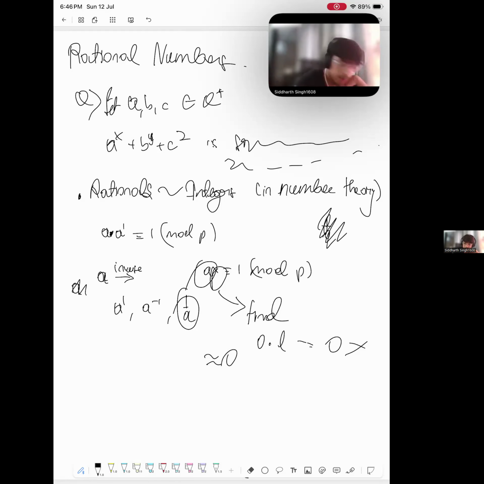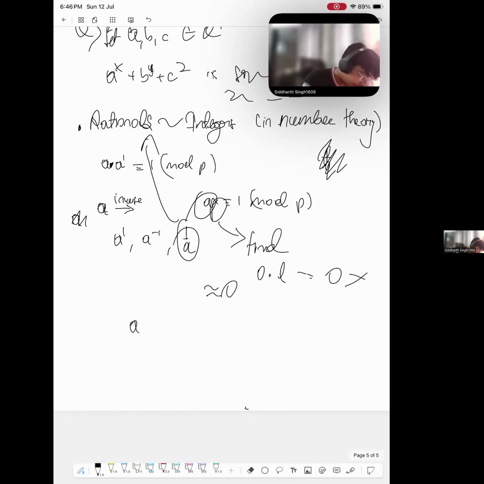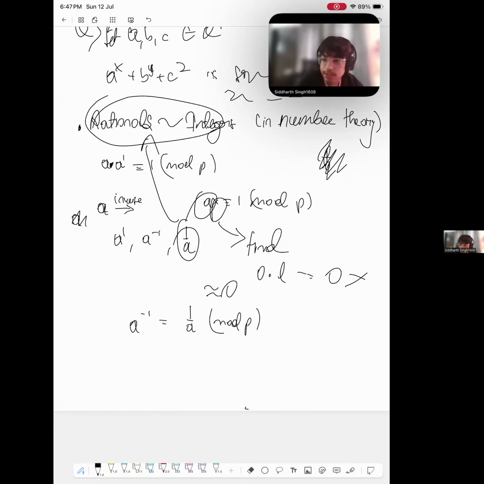Doesn't this seem odd? Have you seen this somewhere? A inverse is equal to 1 by a. This is very special. This basically answers the entire thing, at least to some extent.